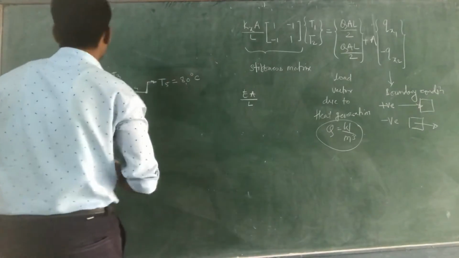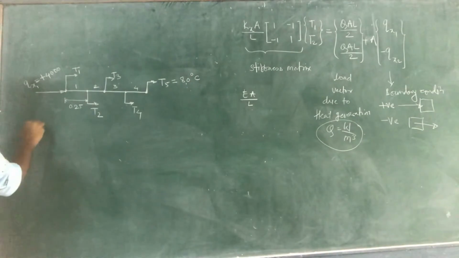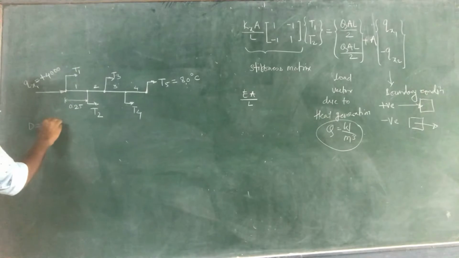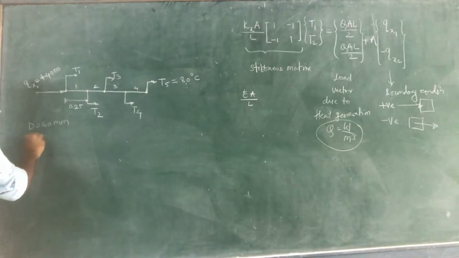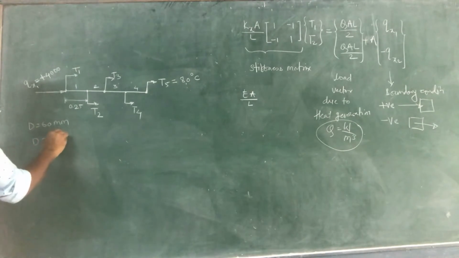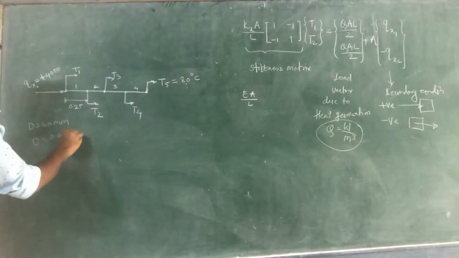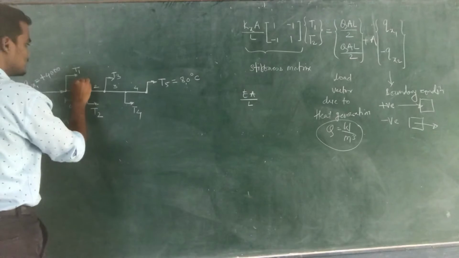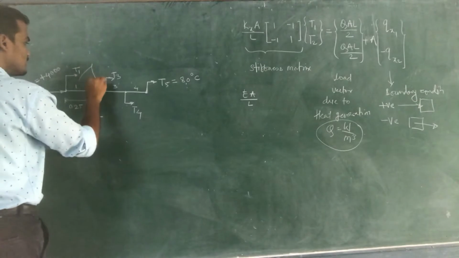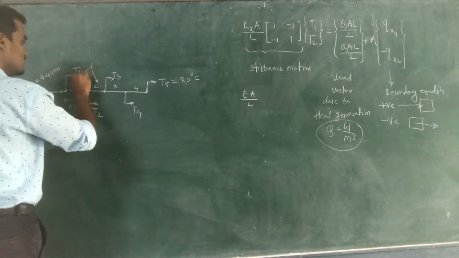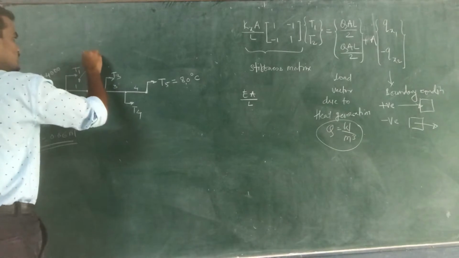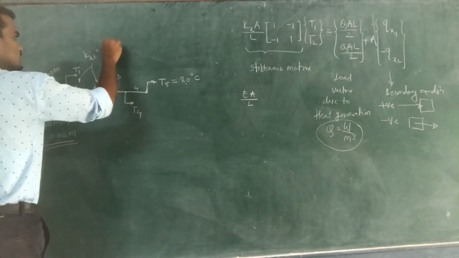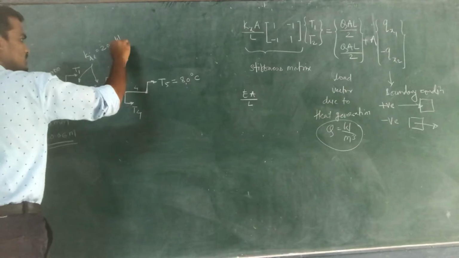Now we need to find out the temperature distribution. Here the diameter D is 60 mm, so it will become 0.06 meters. Also Kx for these 2 elements is the same, meaning we need to apply K aluminum, which is equal to 200 watt per meter degree Celsius.